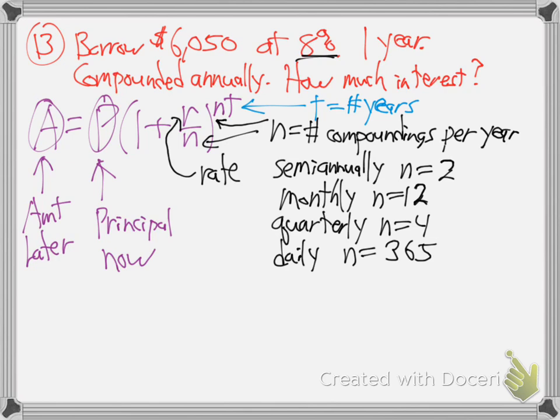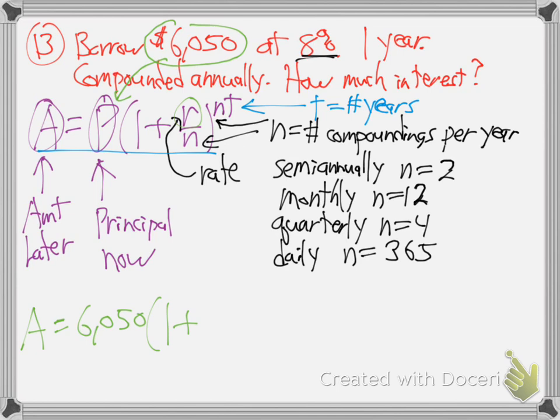Okay, so we have everything in this formula. So now let's solve this problem. First off, the $6,050, that's how much they borrowed. That's the principal. So the amount will be $6,050 times (1 plus, now the R is 8%, got to change that to a decimal, 0.08 over N). This is compounded annually.